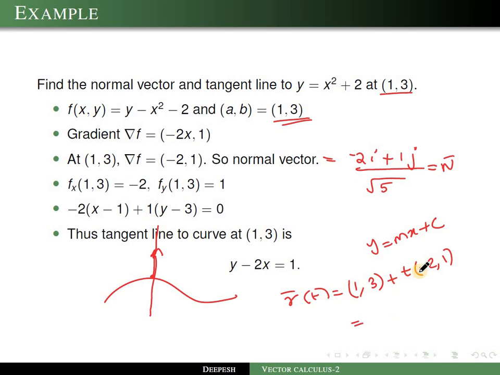So this is going to give you (1 minus 2t, 3 plus t) for every t. That will give you this particular normal line's parametric equation. That is how we use the gradient vector to find the normal vector, then the tangent line, etc.